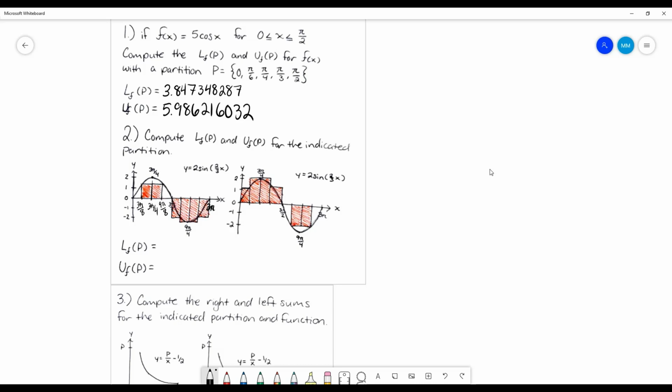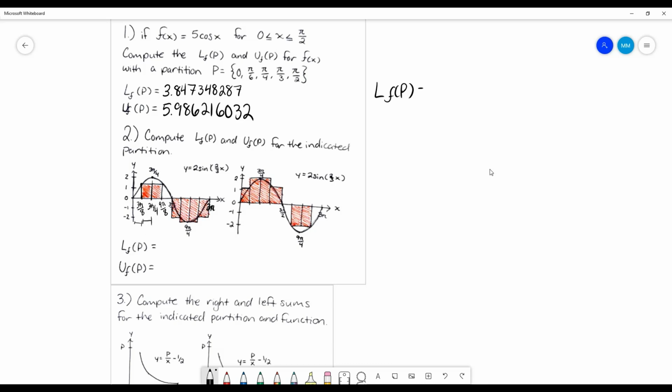So first we see that this is obviously the height at 3 pi over 8. So I'm going to figure out this distance is 3 pi over 8. So it's 3 pi over 8 times, now this height, right, because we're just finding the, oh, no, wrong. I did that wrong. This distance doesn't matter because obviously this is 0 with our lower sum.